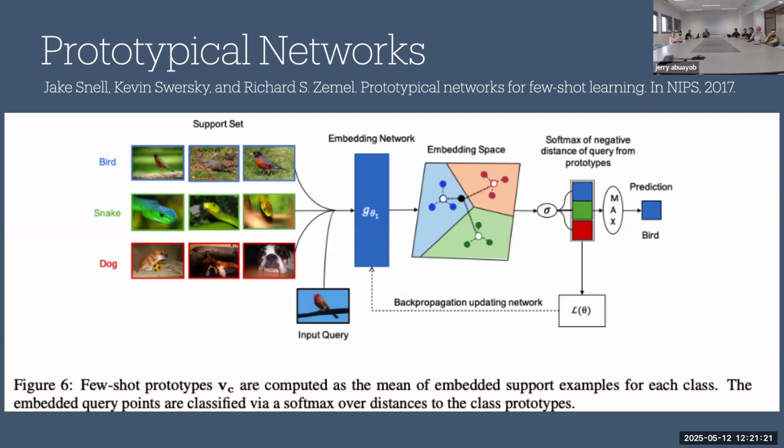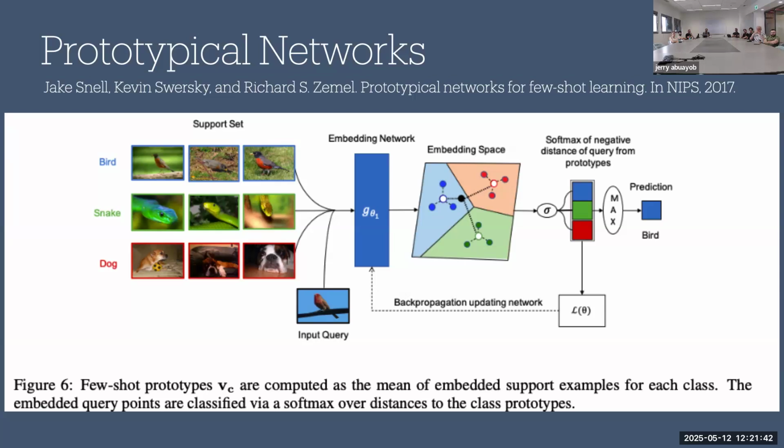So we have 3 shots over here. Let's say from the bird, let's look at the blue zone. We have 3 embeddings from the bird, and we apply k-means on those 3 vectors, and we get a centroid. They call it a prototype over here, but it's simply k-means.